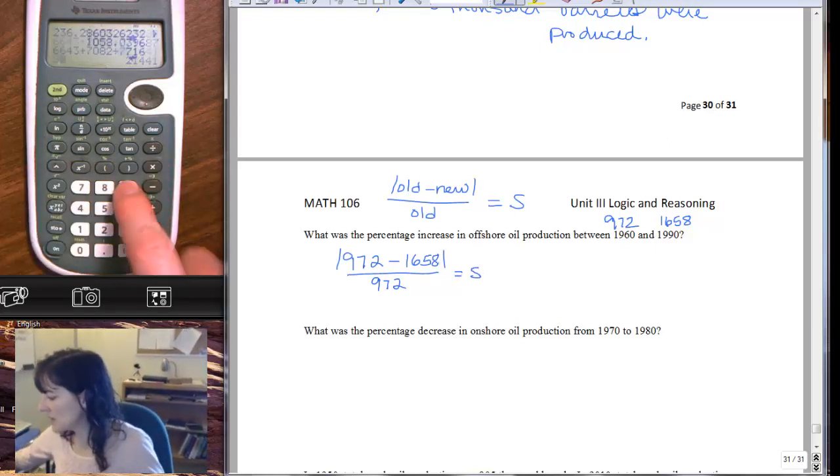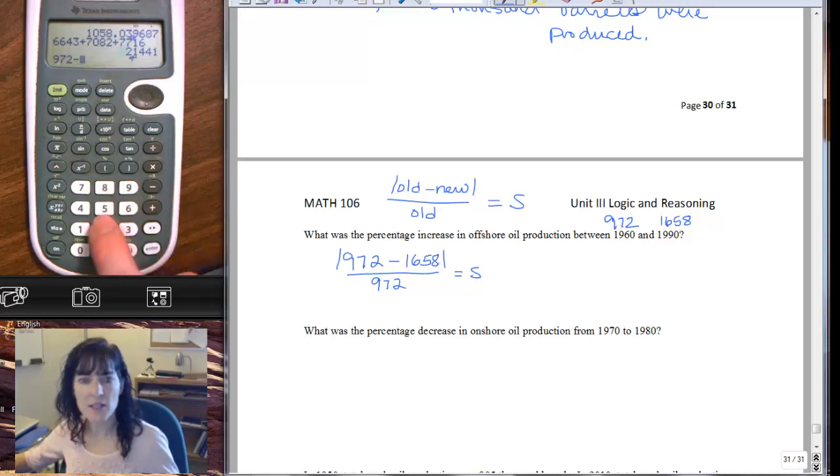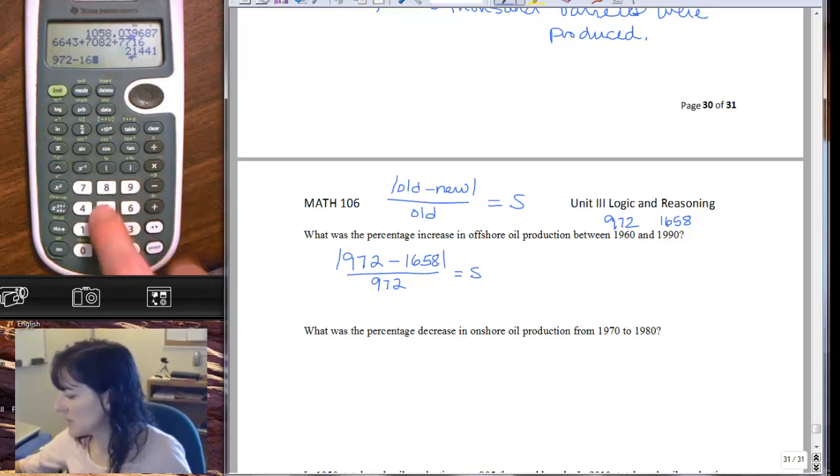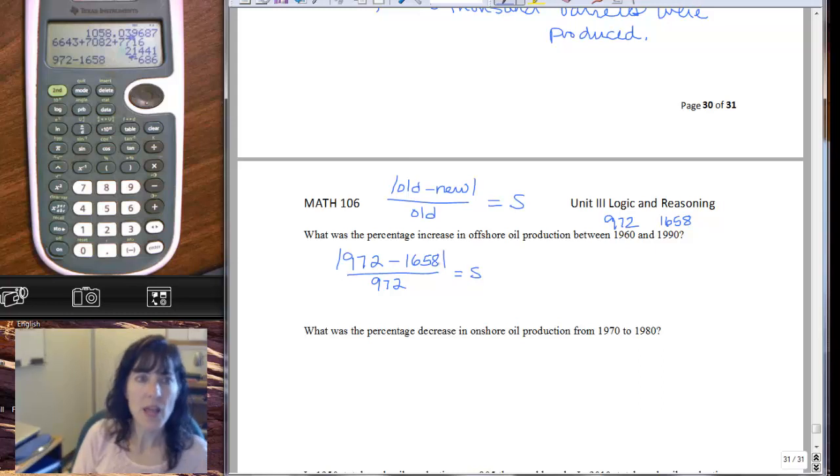So let's subtract those. We do 972 minus 1658 equals, and we get a negative number. No surprise there, because we have a small number minus a large number, so we get negative 686 over 972.